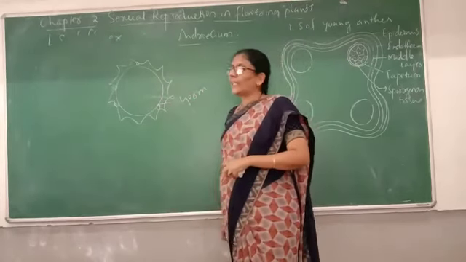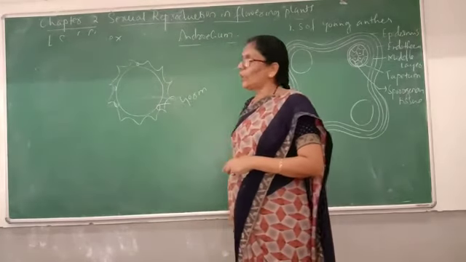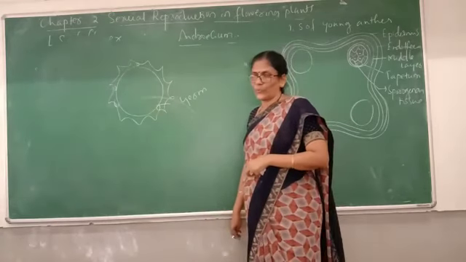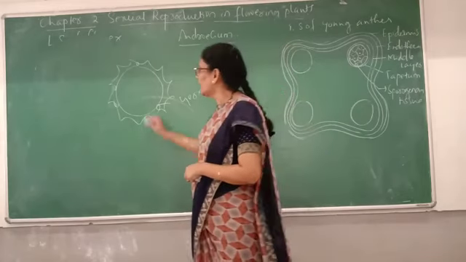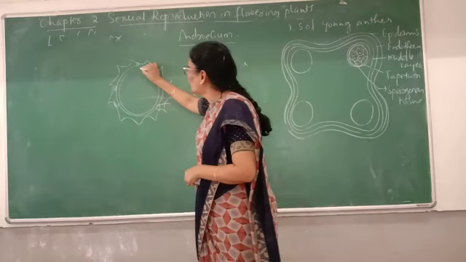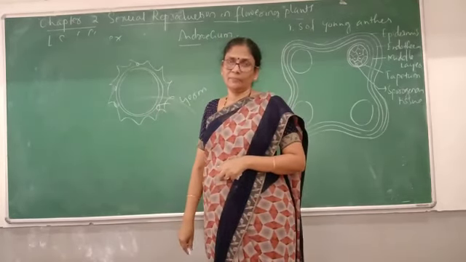The inner layer, as we already know, is called the intine, which is very smooth, made of cellulose, and continuous. Inside the intine, there is a plasma membrane which covers the cytoplasm of the pollen grain.